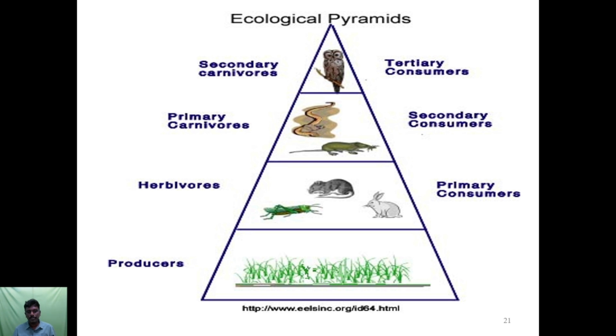So producers occupy the larger area. Then secondary carnivores occupy the lesser area in the pyramid. So first one is producer, herbivores, primary carnivores, secondary carnivores. Then primary consumers, secondary consumers, tertiary consumers.